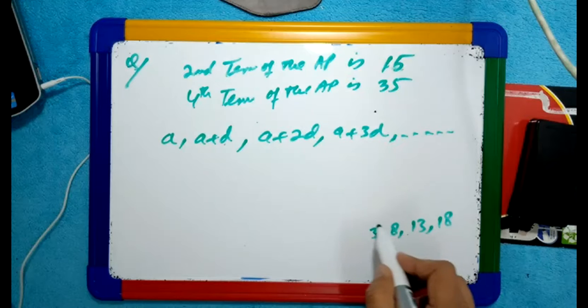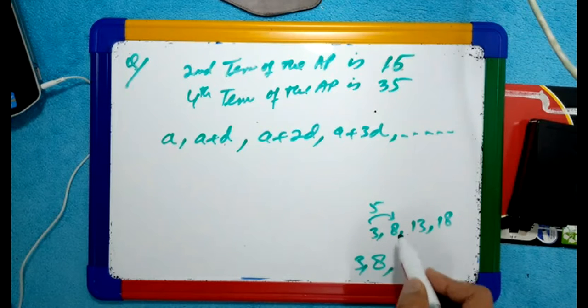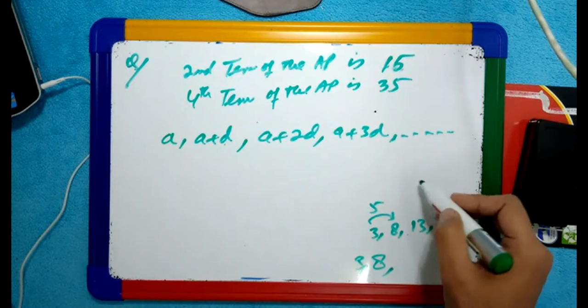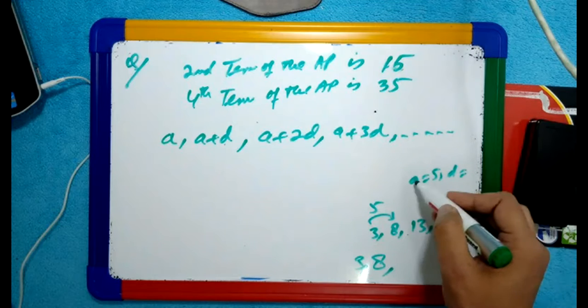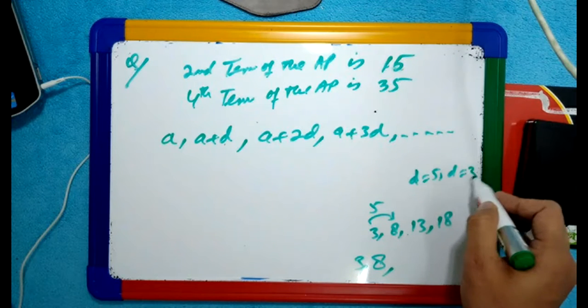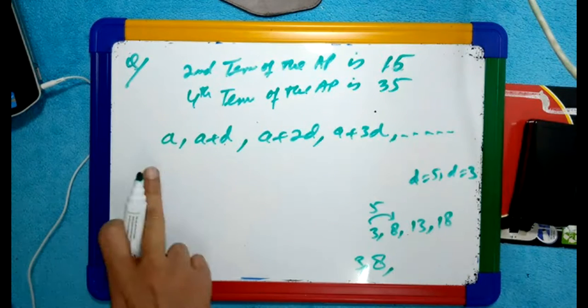So 3 plus 5 is 8. This is A plus D, where A is 3 and D is 5.